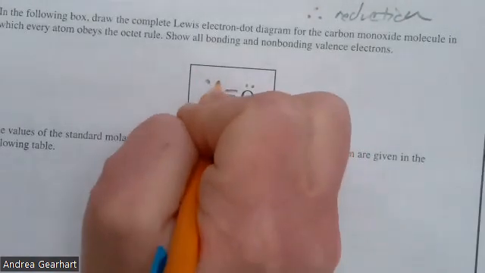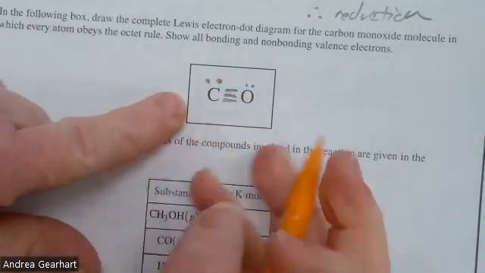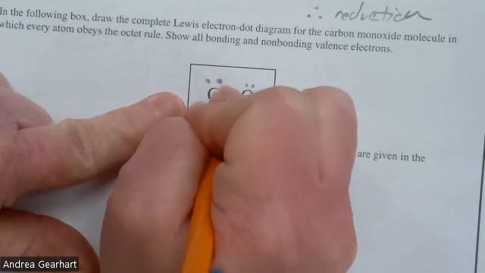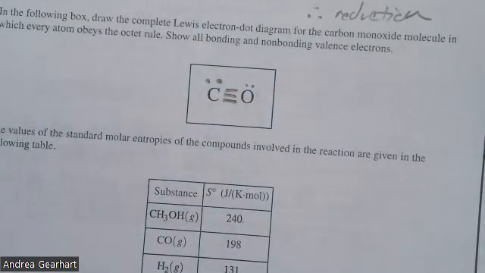Oxygen only needs, it comes in with its 6 valence electrons. It only needs 2 more shared with it. But carbon needs 4 more shared.